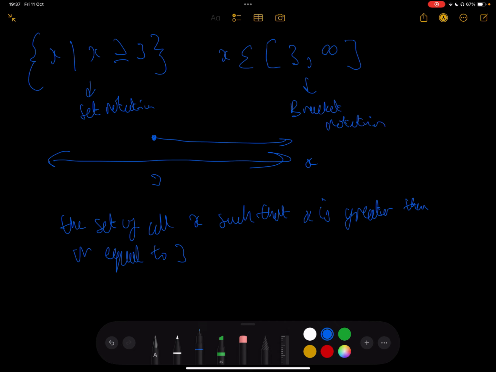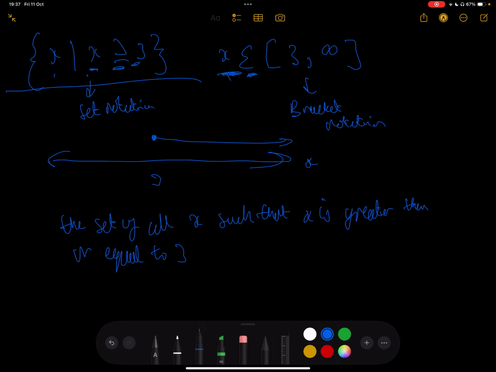So here in set notation, we can see that it reads as the following: x such that x is greater than or equal to 3. In bracket notation, we can see that x is an element, so meaning that x is a part of [3, infinity).